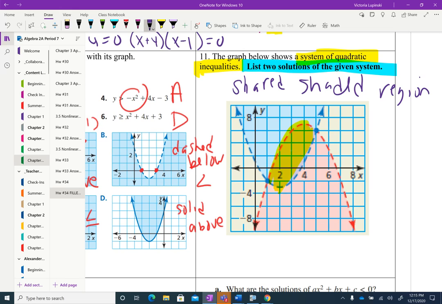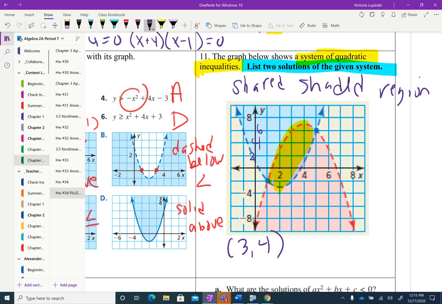Can anybody look at that yellow shaded area and tell me any point that they are confident lives directly inside that shading? 3, 7. 3 comma what? 7. 3 comma 7. So if these are counting by 2, 4, 6, then I don't think 3, 7 works because it's just above. Okay, well then it's 3, 4.